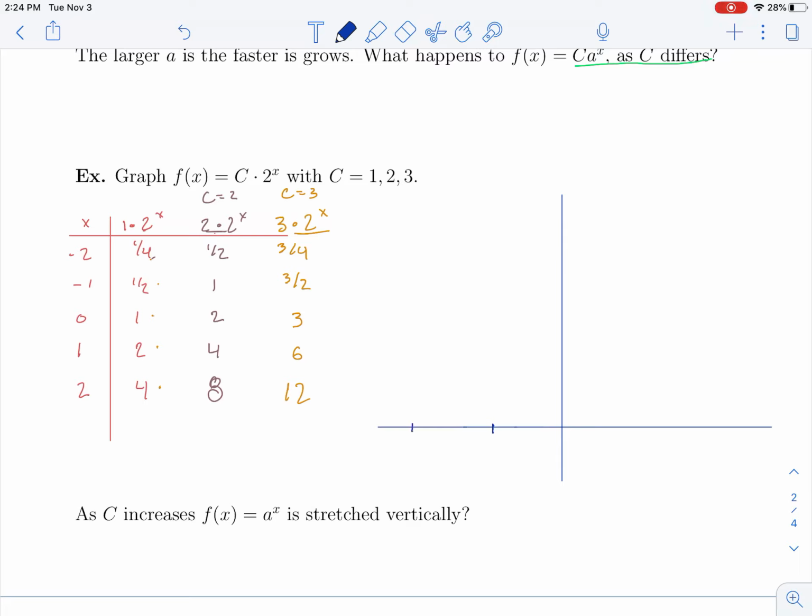We don't need them so close. So we have -2, -1, 1, and 2. We have a lot of things under the decimal, but we're just going to keep this 1, 2, 3, and 4.